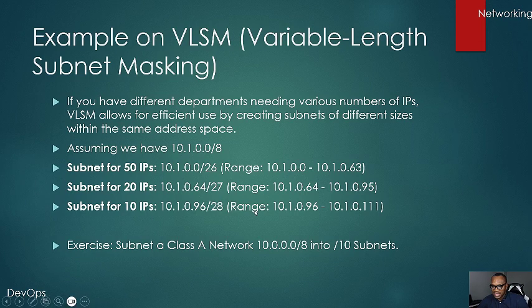So your CIDR will be /28. Now for your host portion, 2 raised to power 4 will give you 16. So add 16 to 95, you get 111. So the range of this IP address will end at 111, and the starting point will start at 96.